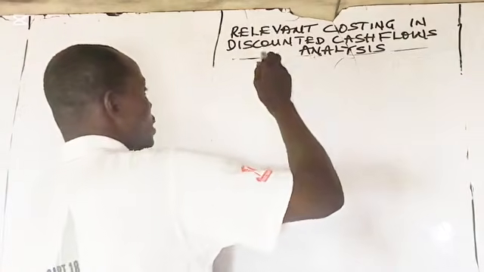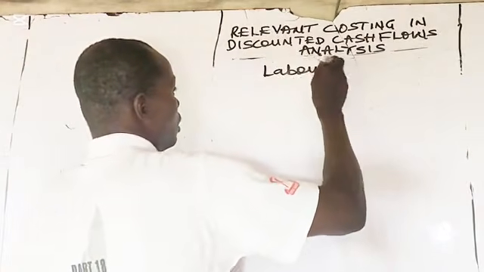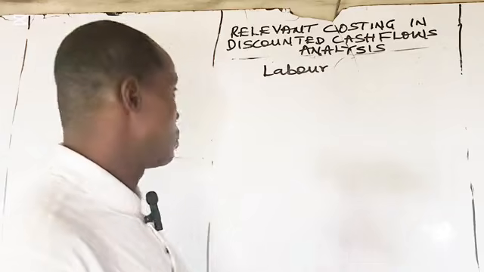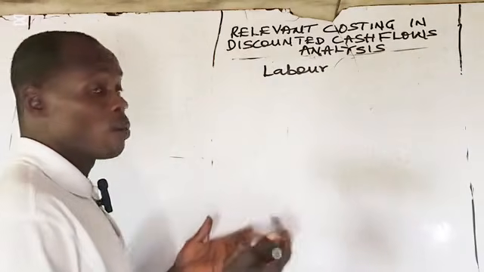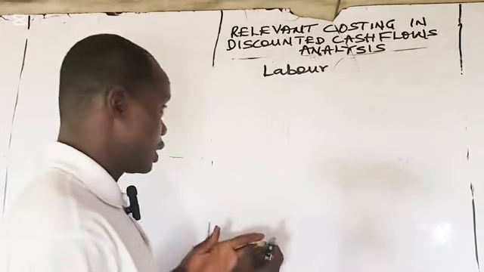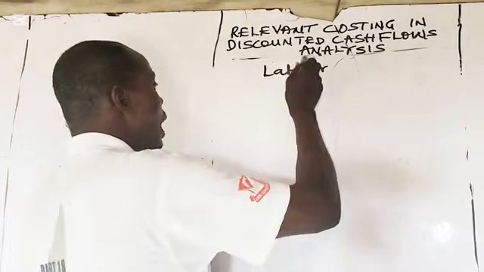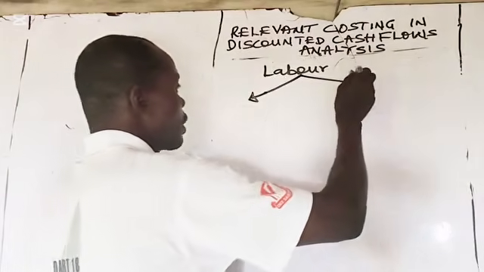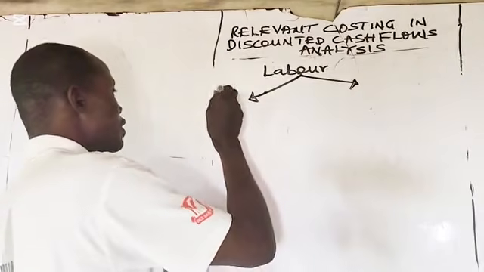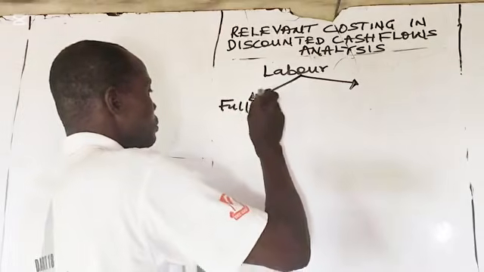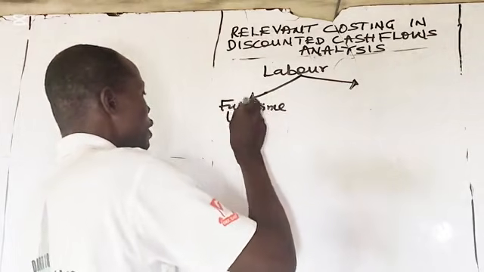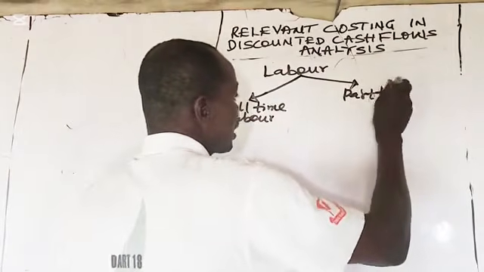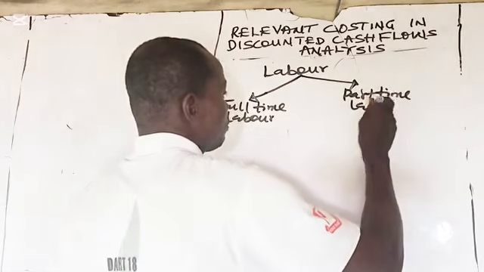Relevant cost of labor. Labor is a human effort used in production. The reward of labor is wages and salary. We will categorize labor into 2 for the purpose of our discussion of relevant cost of labor. We have full-time labor, full-time staff, and part-time labor or part-time staff.